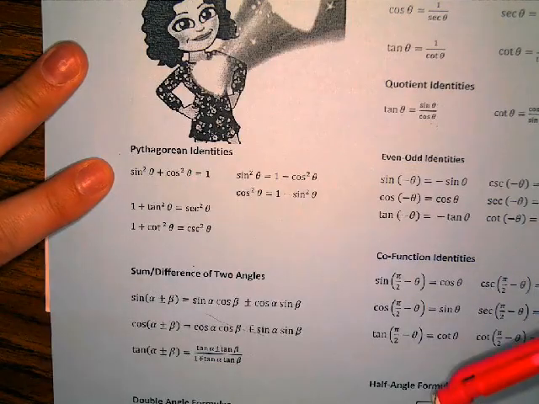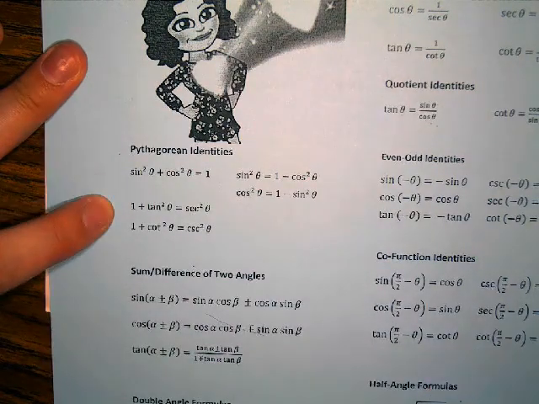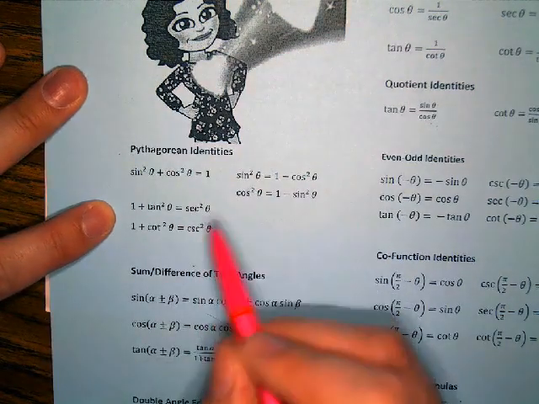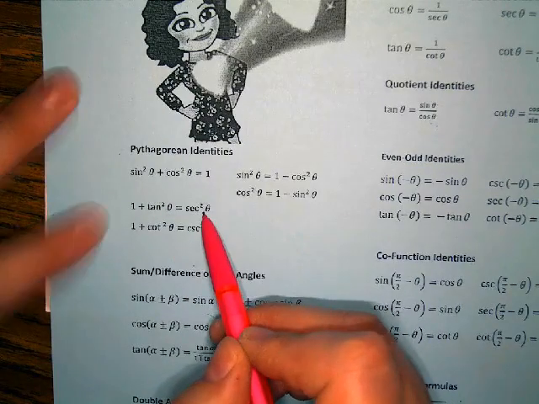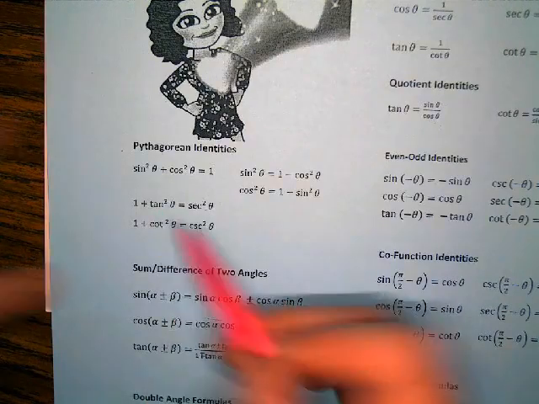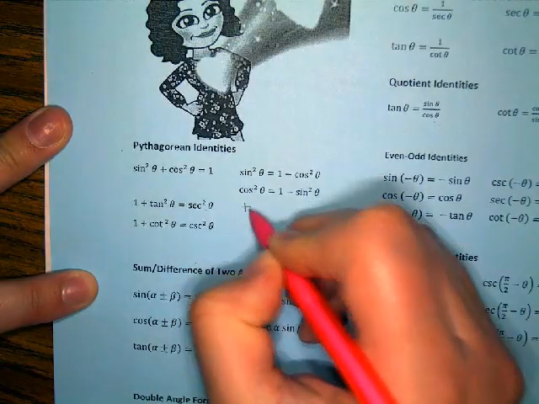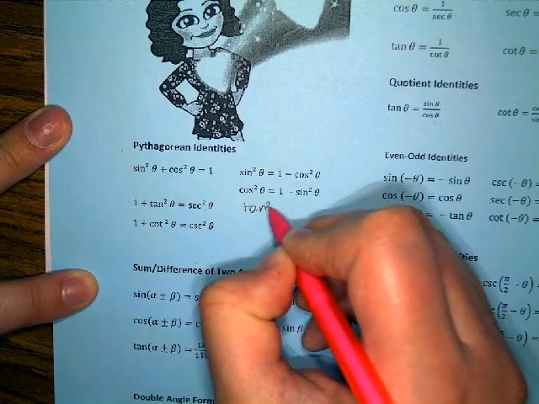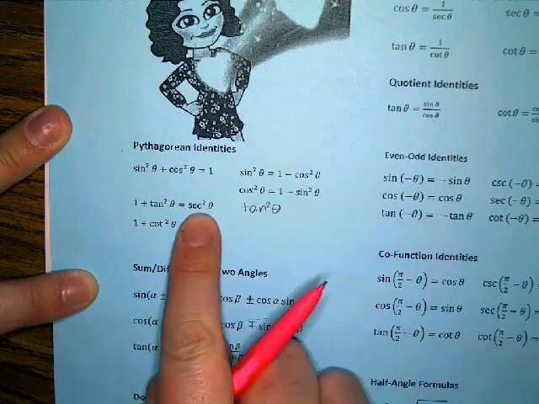Okay. Now, we're going to handwrite in one more because sometimes the secant squared isn't the thing that's isolated. Sometimes it's the tan squared that's isolated. So if tan squared was the thing that was isolated, then what would you have? Tan squared equals what?